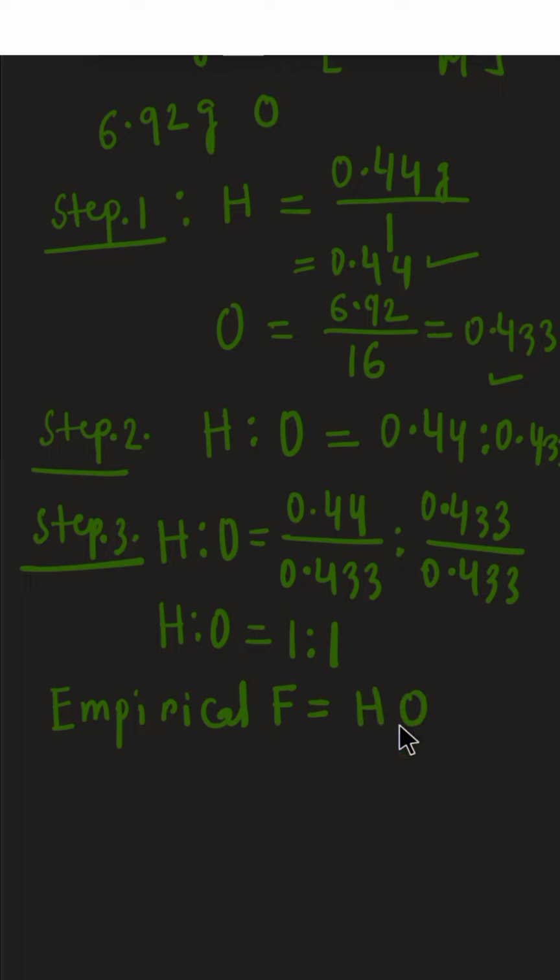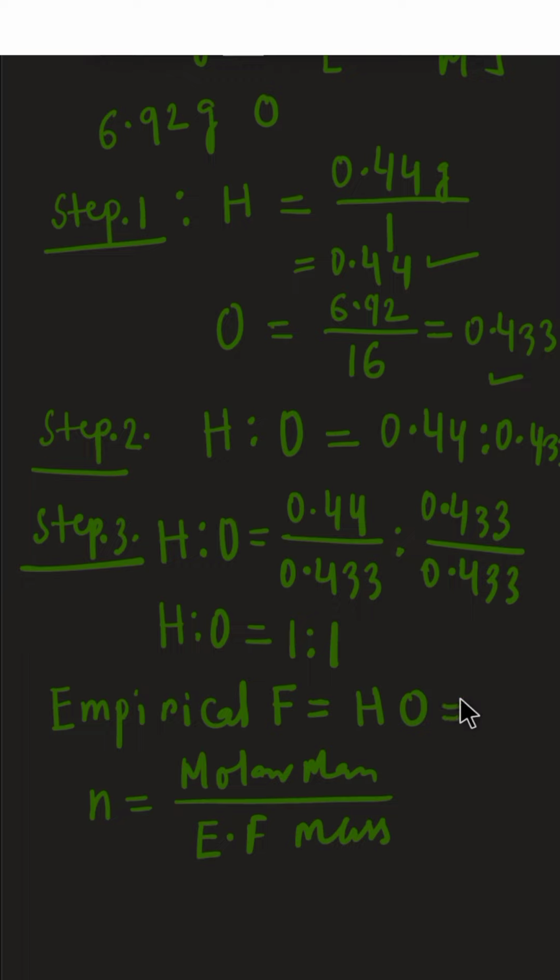So the empirical formula we are getting is HO. Now in the question, the molar mass is supplied. So we know the formula n equals molar mass divided by empirical formula mass. What will be the empirical formula mass? Just find it out.